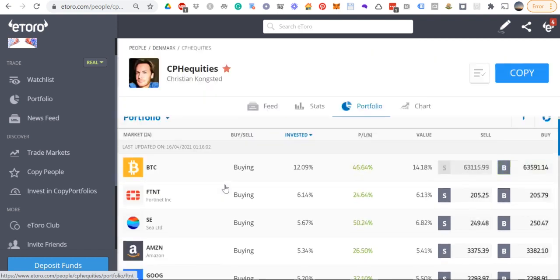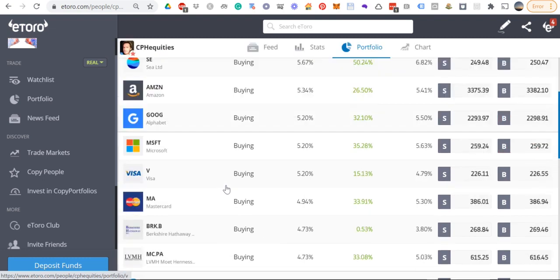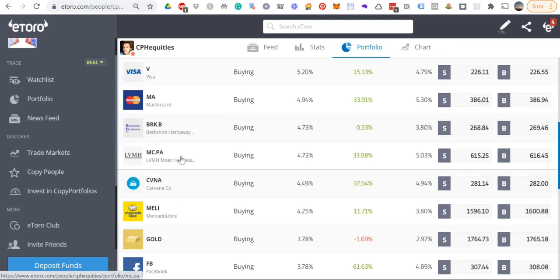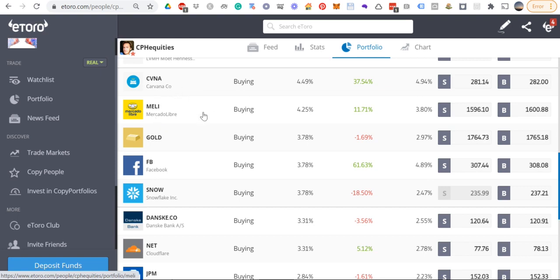it's not just a standard FANG tech ARK stock portfolio. We've got Visa, we've got Berkshire Hathaway. I'm not sure what this is, but I think it's not just a tech stock there. Again, diversifying here. It's got some gold, which is good, so it's got some insurance there against the runaway inflation.